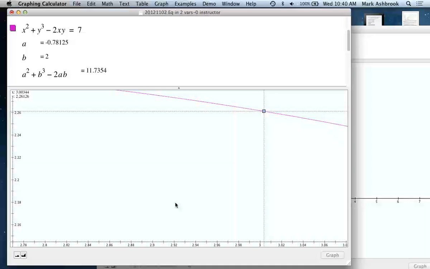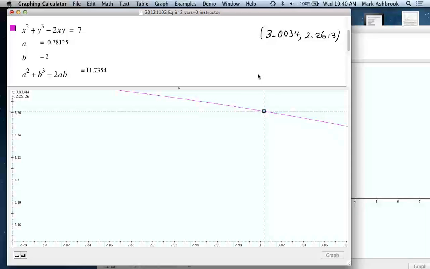So 3 and 2.26. Okay, so now we'll just take another point, and we probably need some more decimal places here. So let's do 3.003, 2.2613.